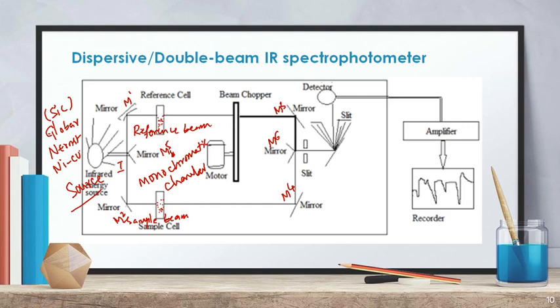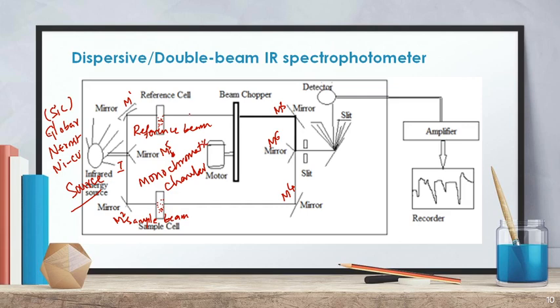Now whenever the reference beam reaches the reference compound, the reference compound is an IR transparent compound. As it is IR transparent, IR absorption does not take place here. That means the amount of absorption by the reference compound is very minimal. Whenever absorption is less, what about the transmittance?